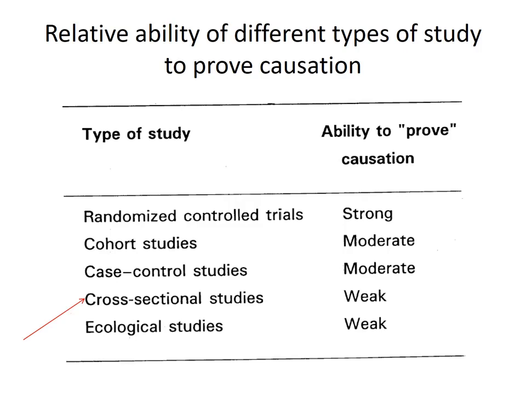If you want to perform the strongest design, you will notice in this table that the strongest study type to assess causality is randomized clinical trials. This is followed by cohort study, case control, and you can see that cross-sectional and ecological studies both provide a weak causal association or a weak ability to prove causality.